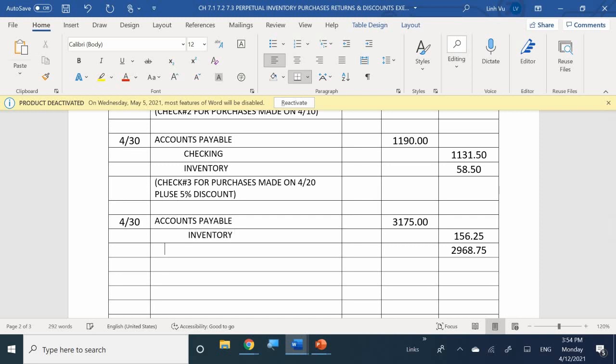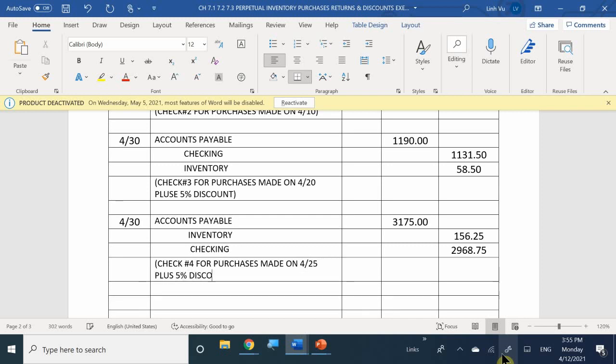So therefore, my checking amount is going to be my $31.75 minus my discount, $29.68.75. And once again, I'm going to write here check number 4 for purchases made on 4/25 plus 5% discount.